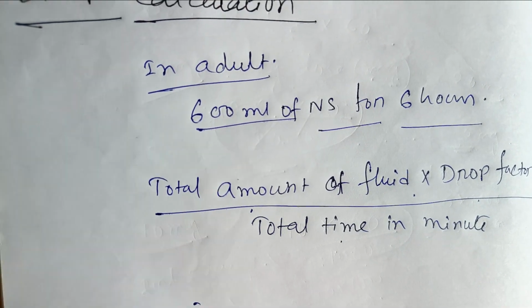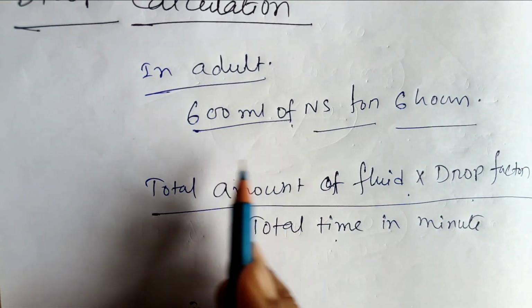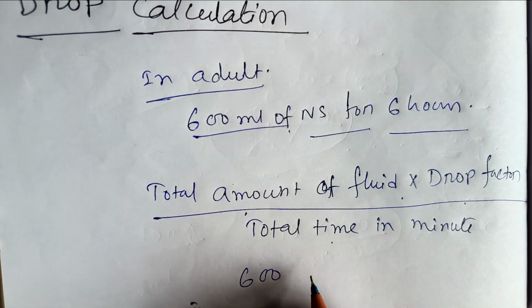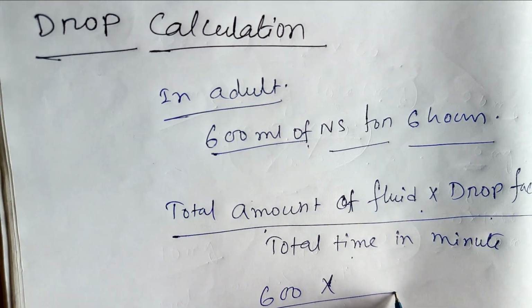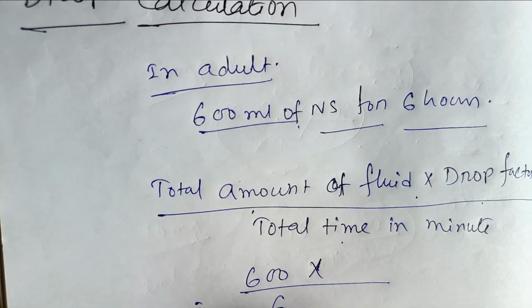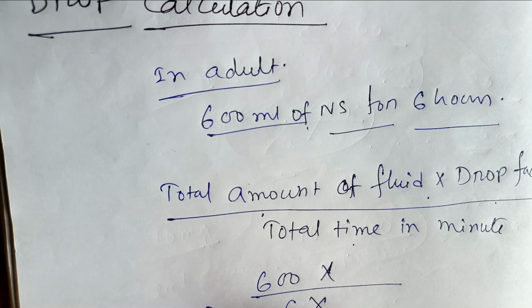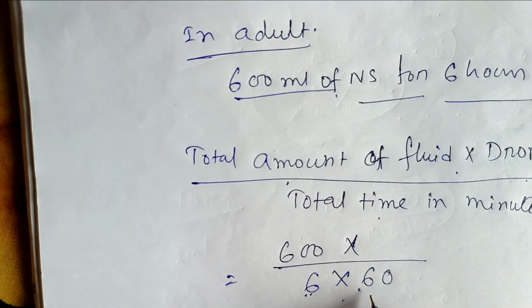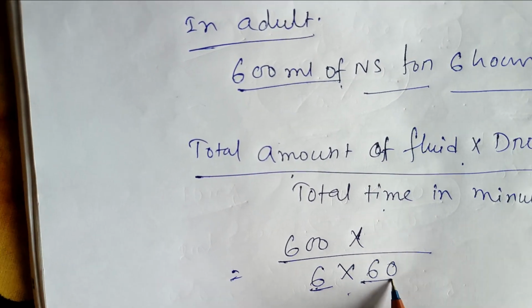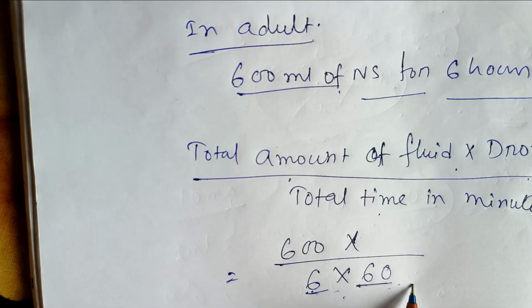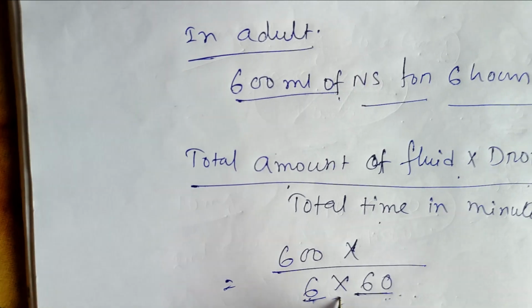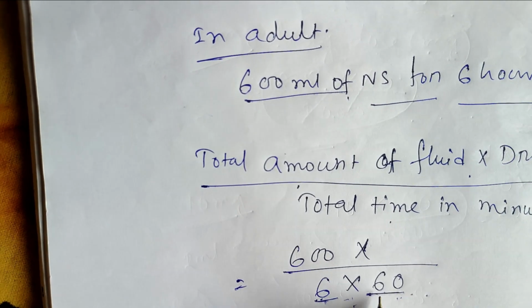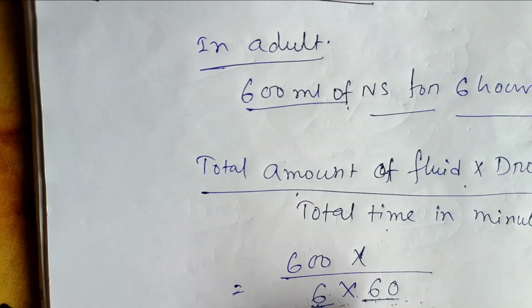Suppose in case of the patient I gave in the example, 600 ml of fluid is given in 6 hours of time. We have to multiply the hours with 60, and by this way we get the answer in minutes. So to convert the hour into minutes, we have to multiply by 60.